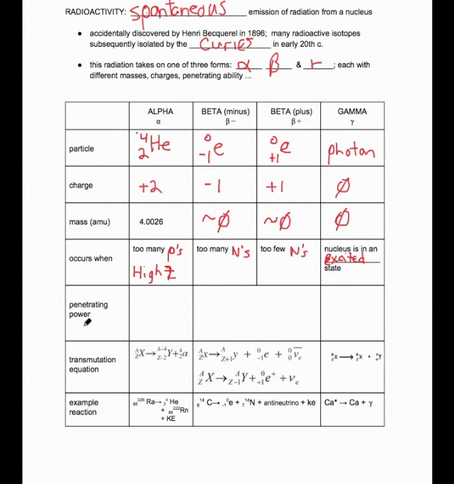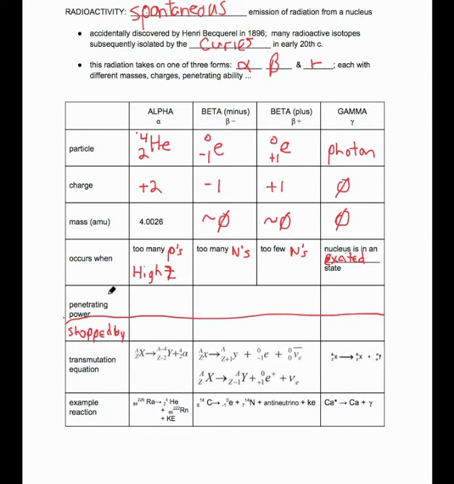Alright, the next basic fact you should know is the relative penetrating power, and actually I'm going to try to split this in half. We'll put a little subtopic here: stopped by. In other words, what does it take to stop these particles? These are all ionizing radiation.